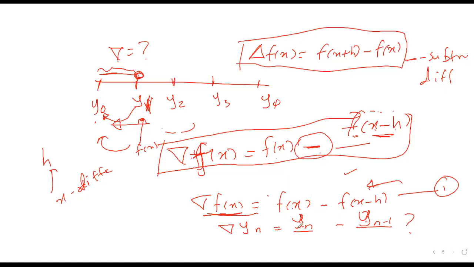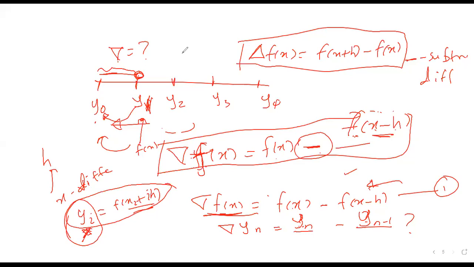And here we are making y i equal to f of x i plus i h. In that sense, we don't have h values in these points. Only the x term will be incremented or decremented by h. So some have used y n minus h. Please check, it should be y n minus 1. Okay.